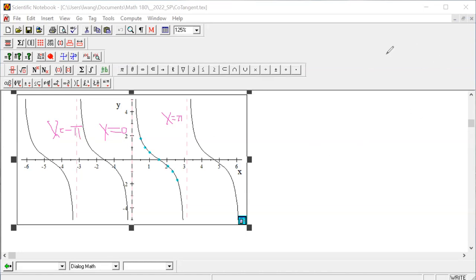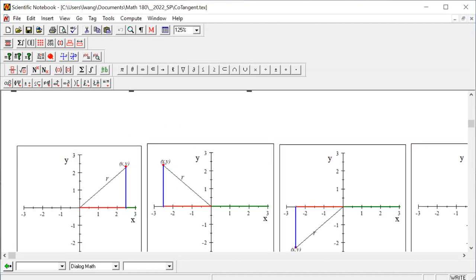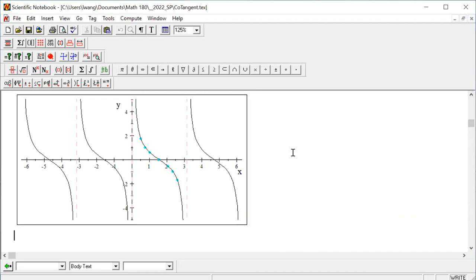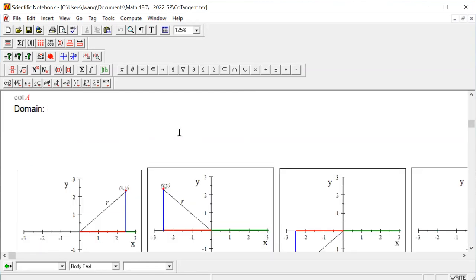So now we should have some ideas about the domain of cotangent. For cotangent, the domain can be any real number, but the angle cannot be 0, cannot be pi, cannot be 2 pi, cannot be 3 pi, and so on and so forth.